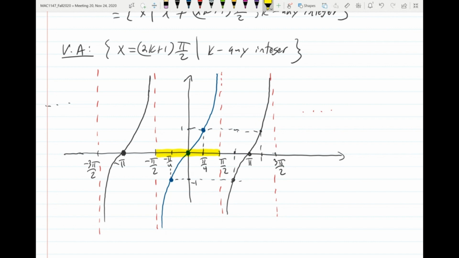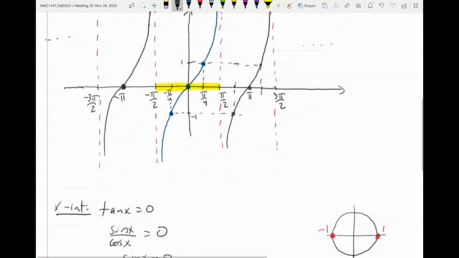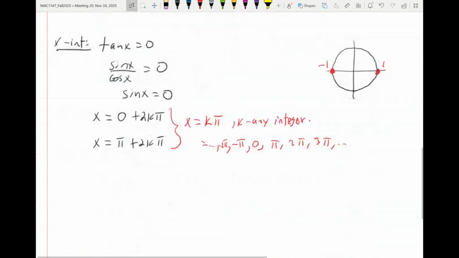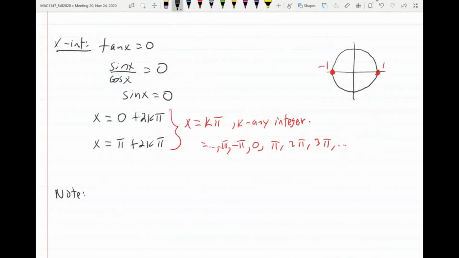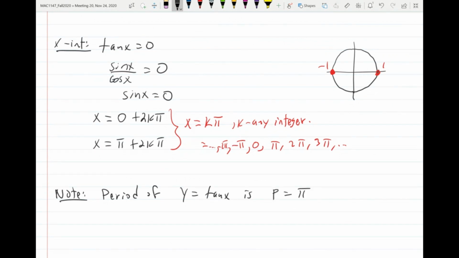And you can actually see that the period now is pi. Instead of being 2 pi, the period of the tangent function is pi. So note the period of y equals tangent of x is pi. So it's true that they repeat every 2 pi, but we have a smaller number at which the tangent repeats, which is pi.